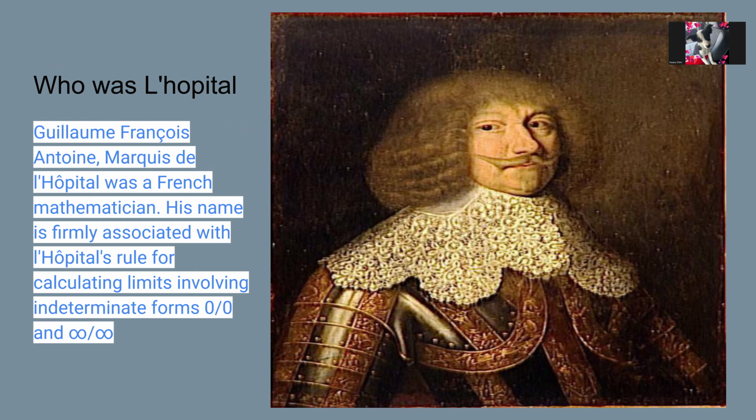The rule was in fact found by a less well off, less fortunate, commoner mathematician. But due to L'Hopital's deep pockets and capitalist greed, he was able to get his name on the rule, therefore making L'Hopital's rule.